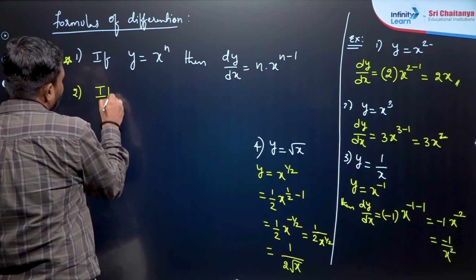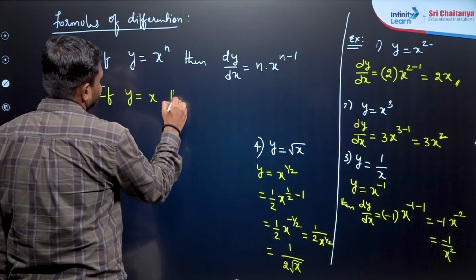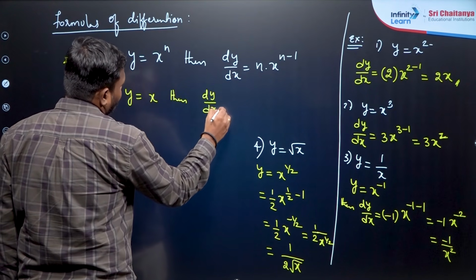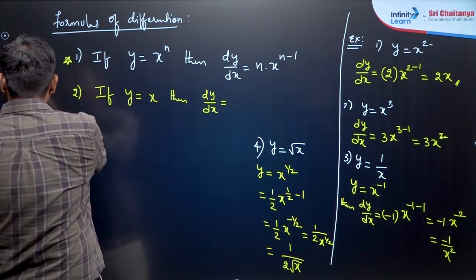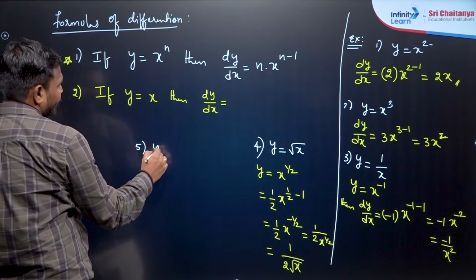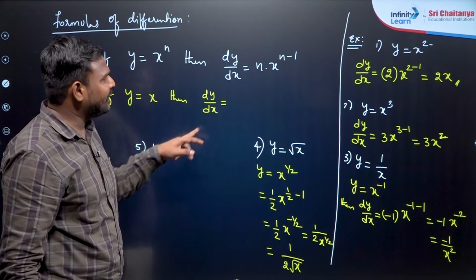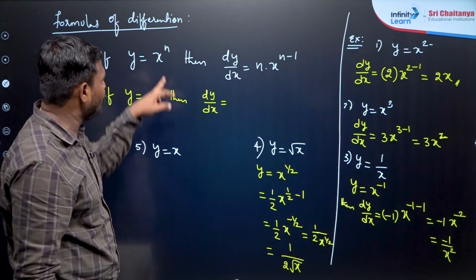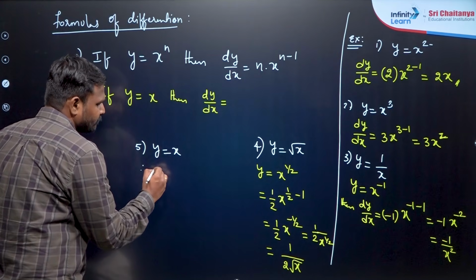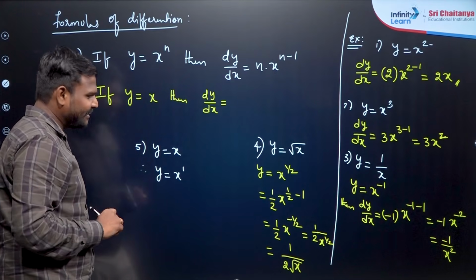If y is equal to x, so what is happening now? Please see. Y is equal to x. So if nothing is there in the power, how much is the value of n here? What is the value of n? 1. Correct?